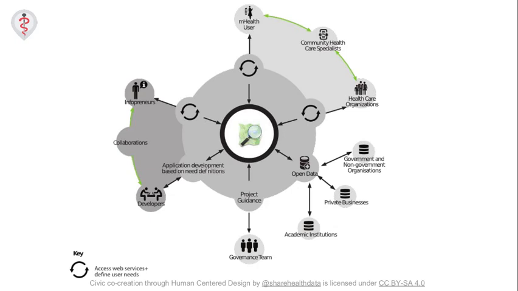What I'm interested in exploring is how to support her and the needs she has, and the activities that community healthcare specialists perform in support of her maternity care, how to support these activities.